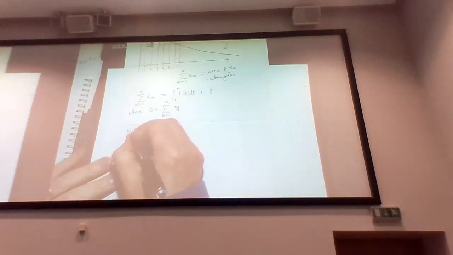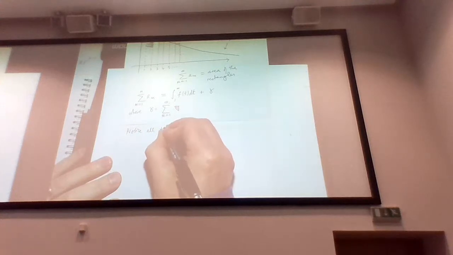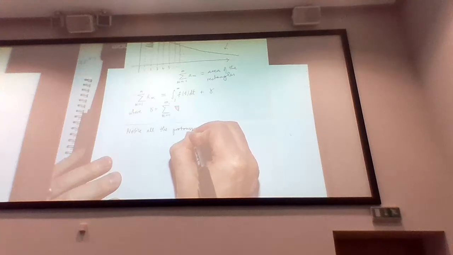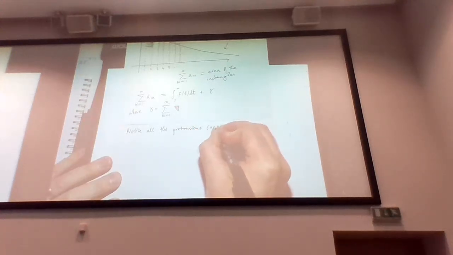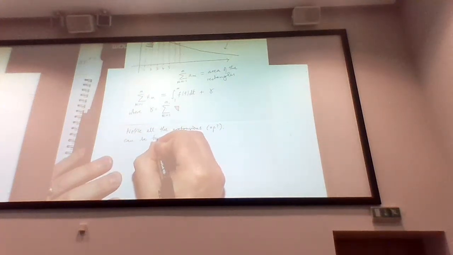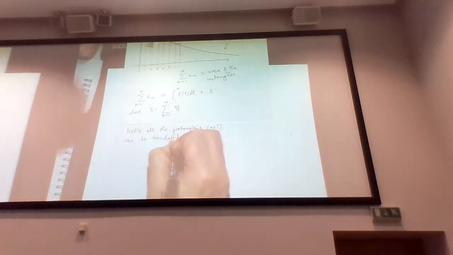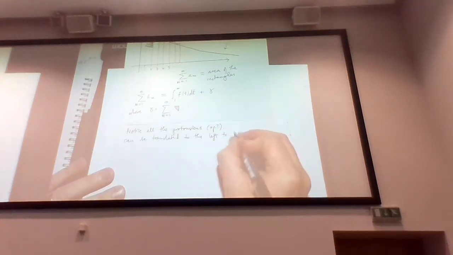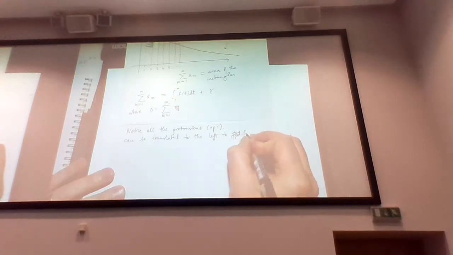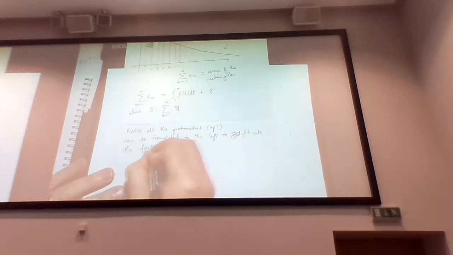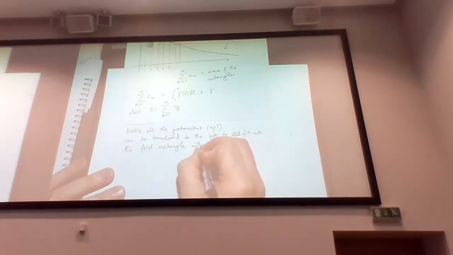So notice all the protrusions can be translated to the left to fit into the first rectangle with no overlaps.